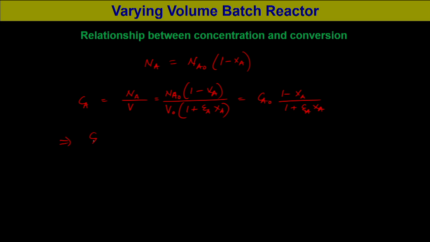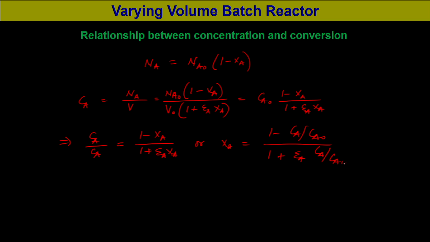If we just rearrange this, we can write Ca by Ca naught is equal to 1 minus Xa divided by 1 plus epsilon A Xa, or if we rearrange this, Xa is equal to 1 minus Ca by Ca naught divided by 1 plus epsilon A Ca by Ca naught.